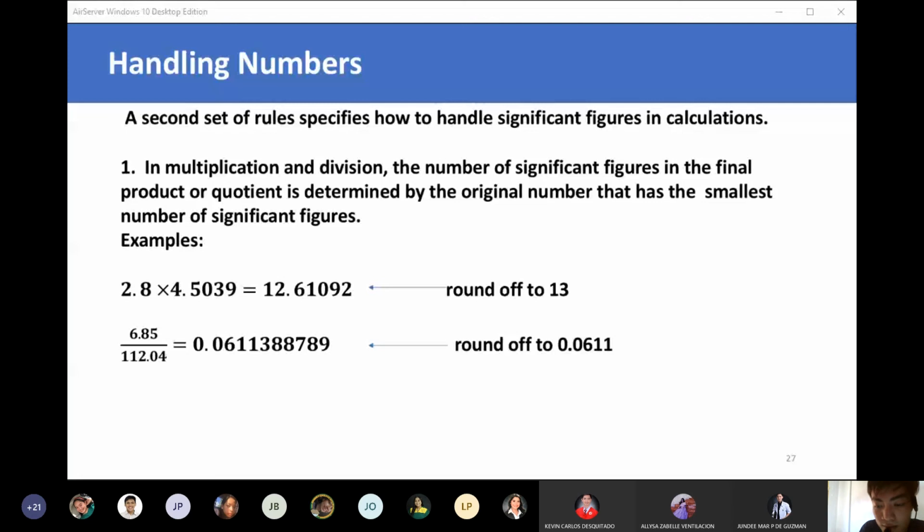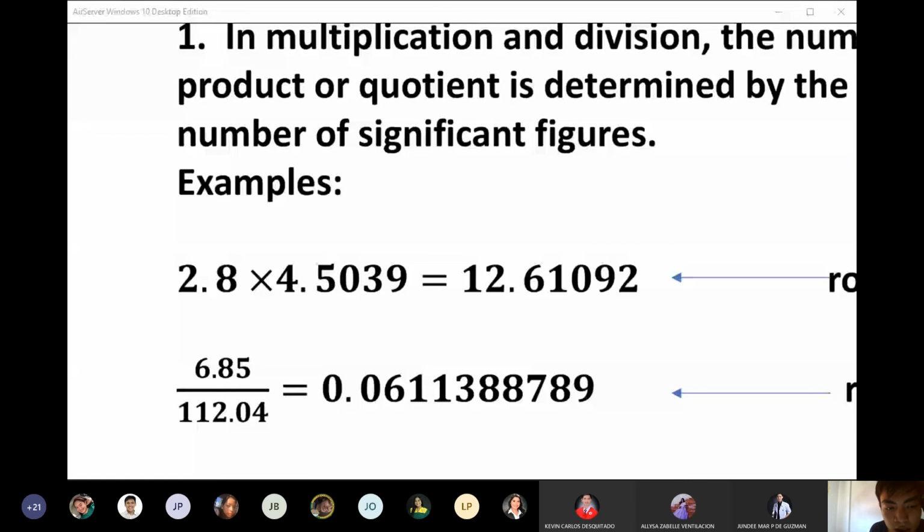All we have to take note is that our final answer should be represented in terms of the least number of significant figures. So we follow the least number of significant figures. Let's consider this. For example, we have 2.8 times 4.5039.